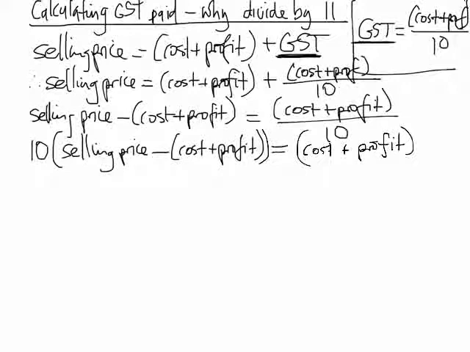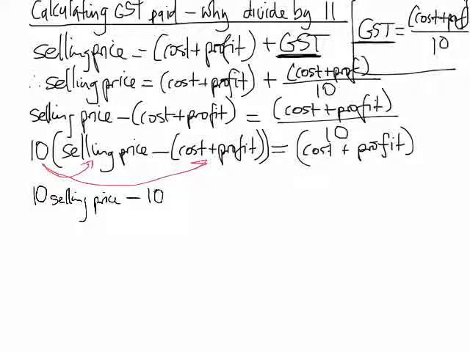So now we get back to your year 8 algebra, expanding the brackets. So 10 is going to times by that, and 10 is going to times by that. So you're going to get 10 times selling price, negative 10 cost plus profit.